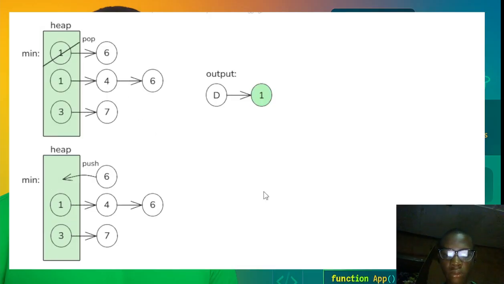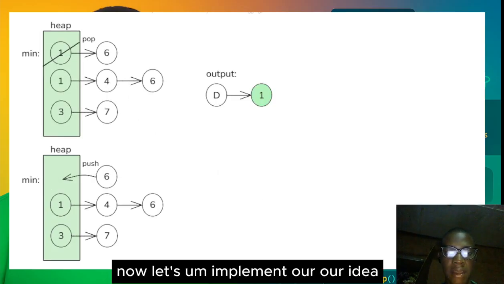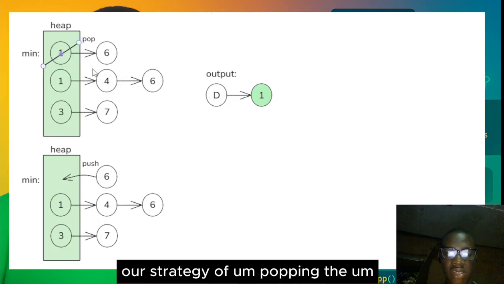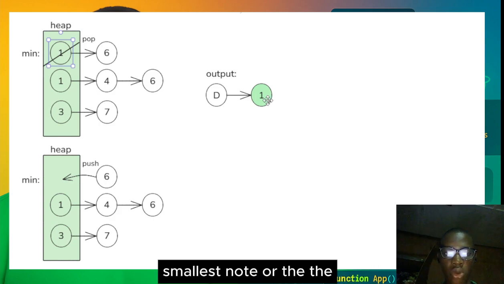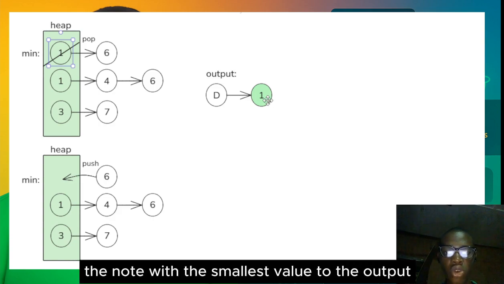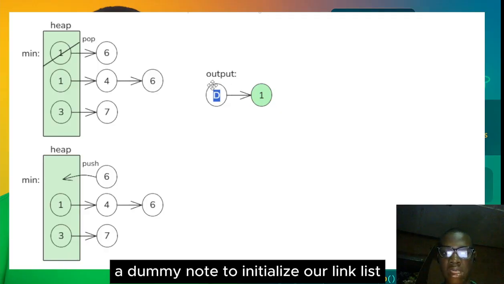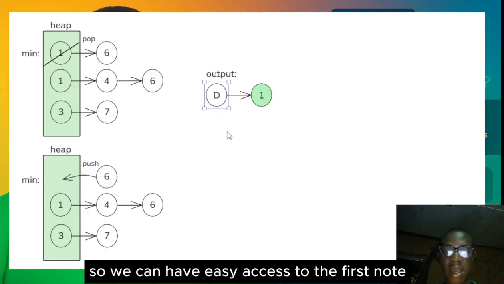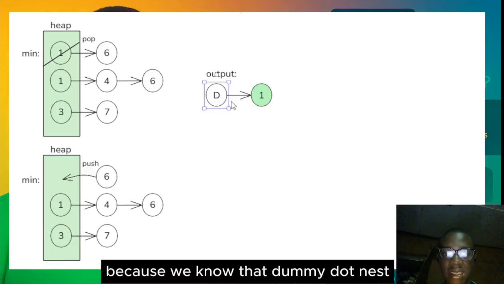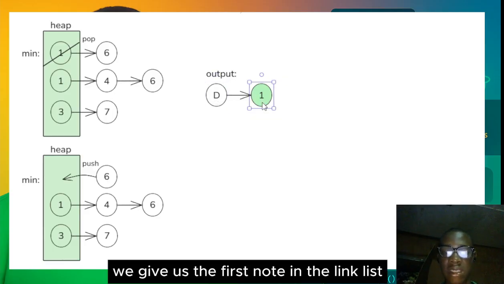Now let's implement our strategy of popping the smallest node, or the node with the smallest value, to the output linked list. We're going to use a dummy node to initialize our linked list, so we can have easy access to the first node, because we know that dummy.next will give us the first node in the linked list.